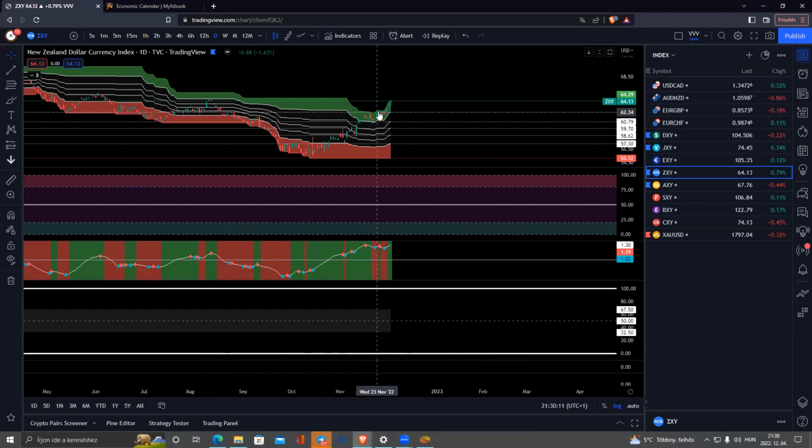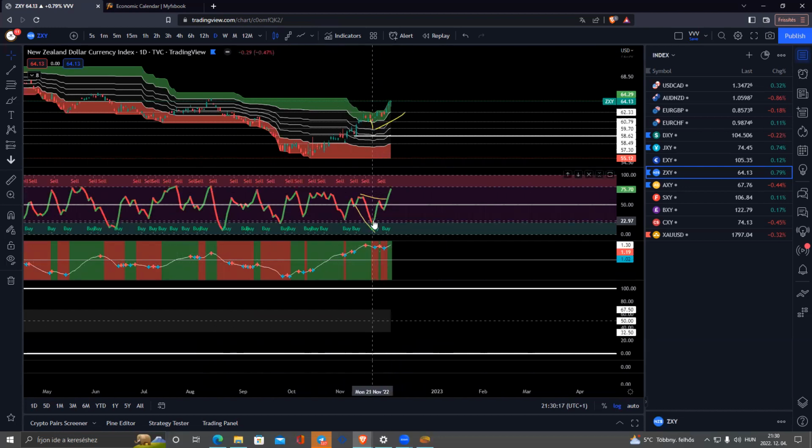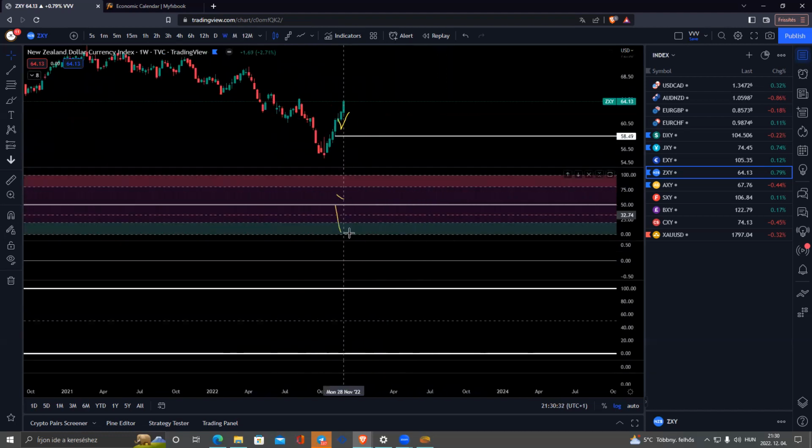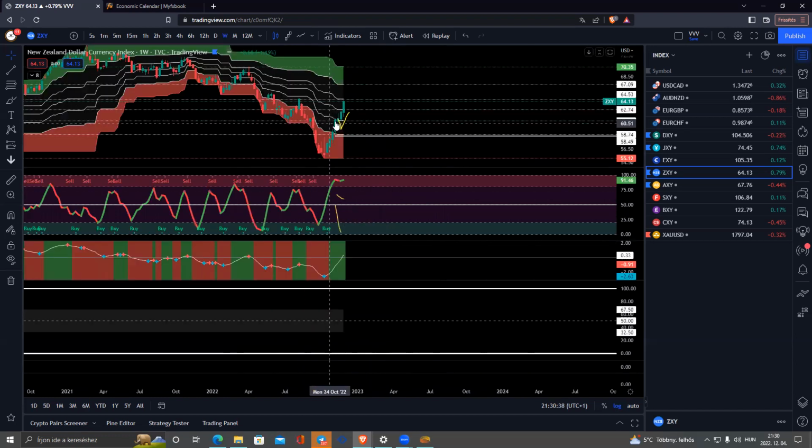The resistance zone is broken. We broke the zero line and it's heading up. There is no divergence. There was a divergence, and the CXY is way too strong. Right now it's on weekly basis, back on weekly basis. It's also the previous high. I want to see that.